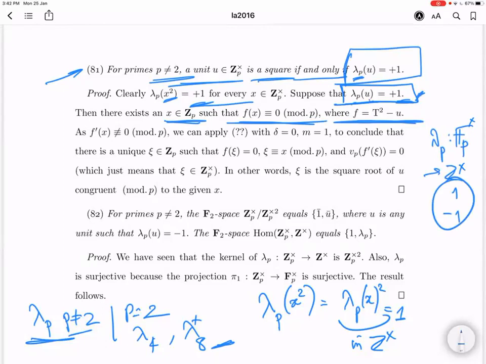So if lambda p of u is equal to +1, then it has to be a square in Fp star, and that's what it means for it to be a root of this polynomial.